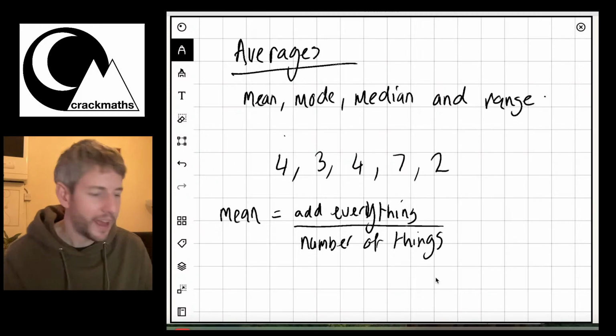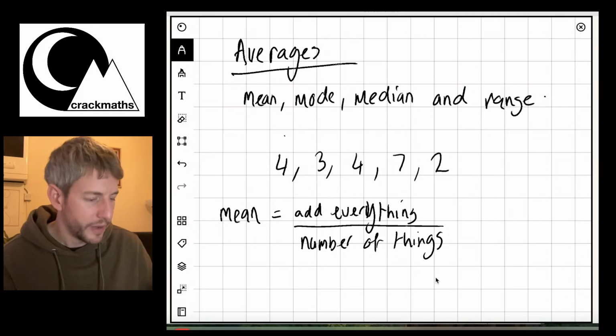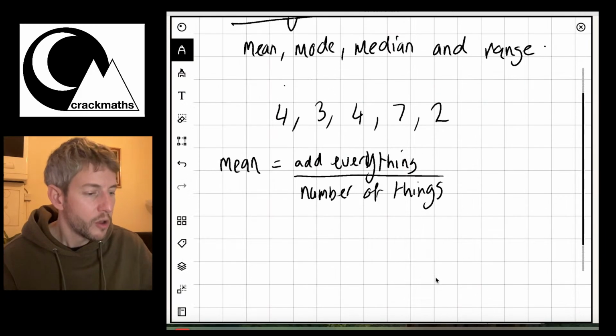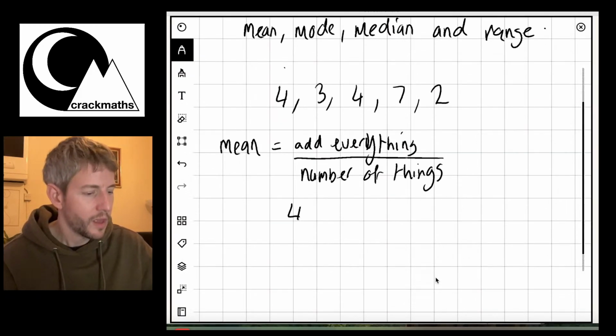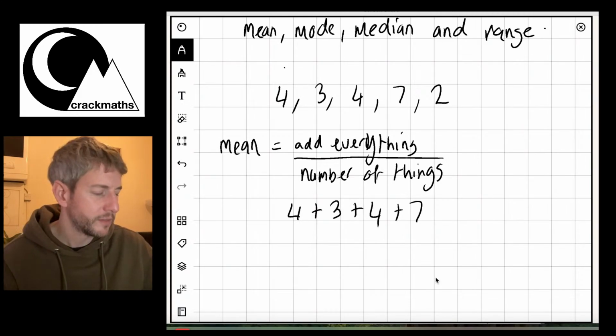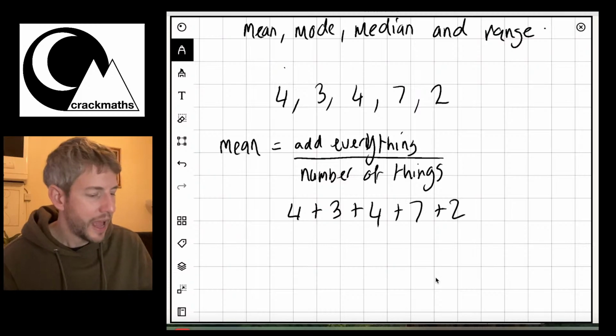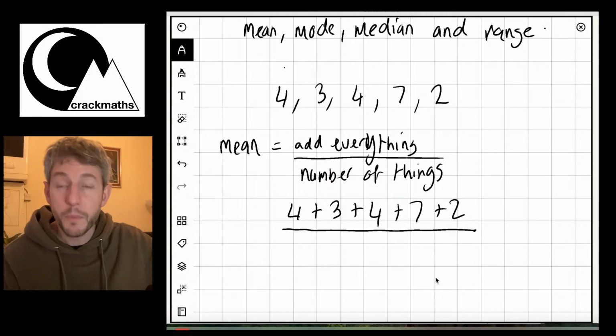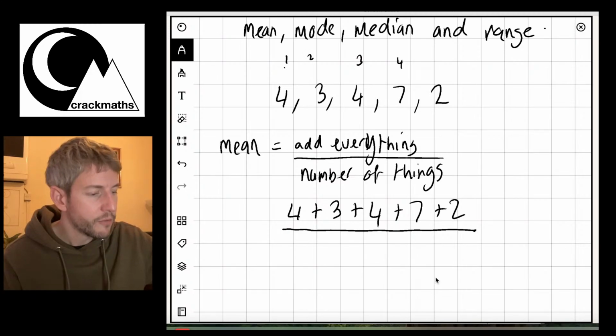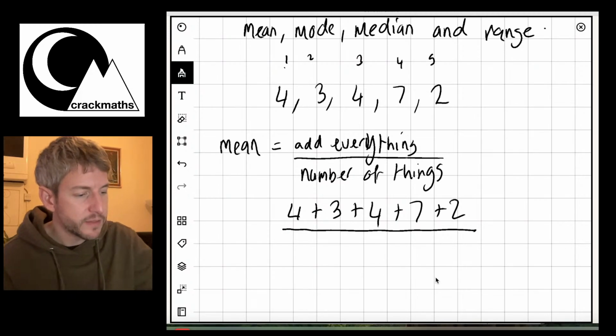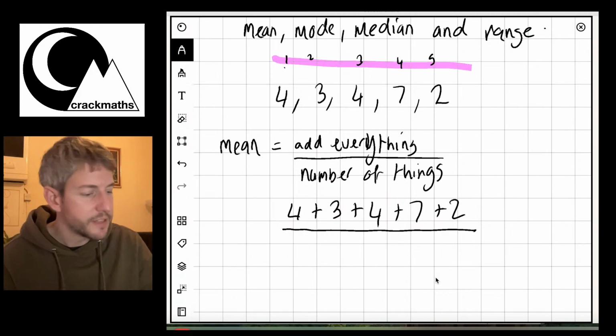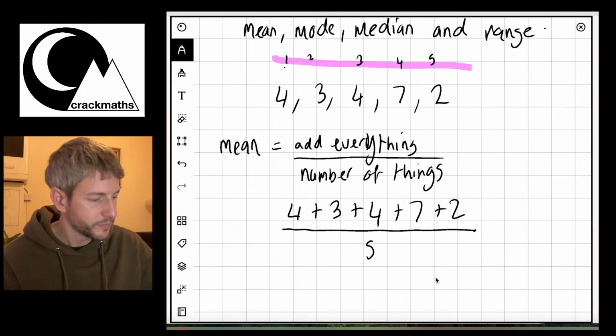So in this particular case, I would be looking at doing 4, add 3, add 4, add 7, add 2, and then I would divide this by the number of pieces of data that I've got, which is 1, 2, 3, 4, 5 pieces of data. So I would then divide this by 5.